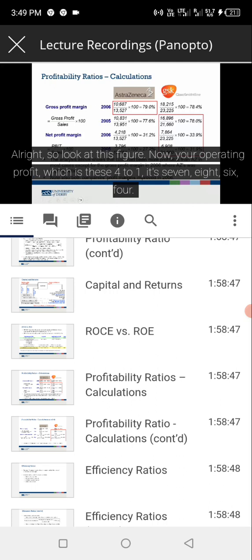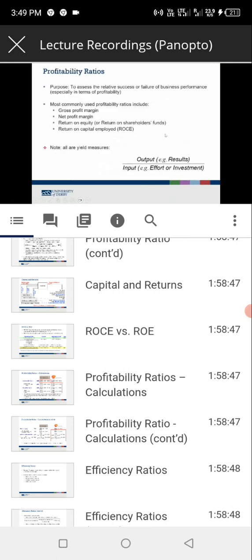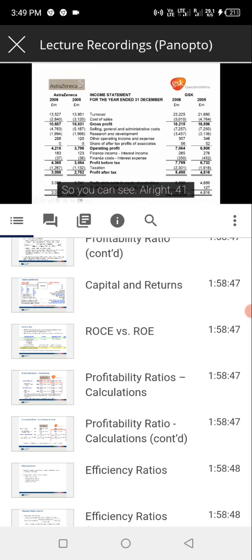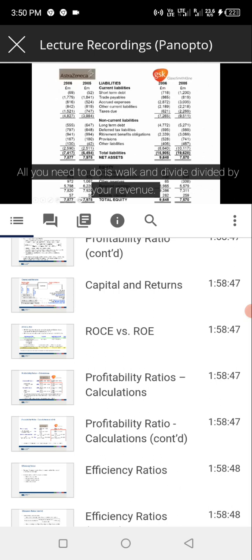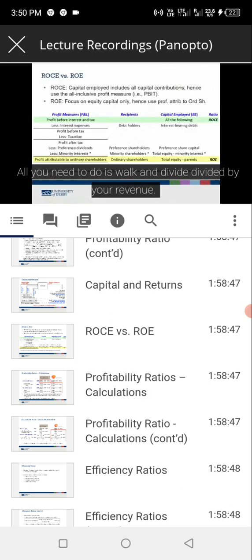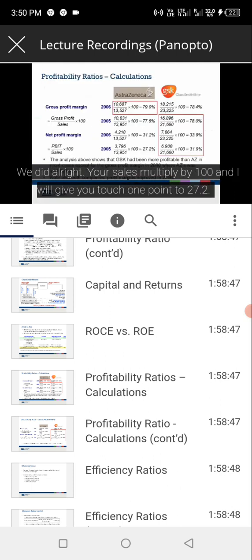Your operating profit is 4218 for AZ, and 7864 for GSK. All you need to do is divide it by your revenue, your sales, multiply by 100, and that will give you 31.2 and 27.2.